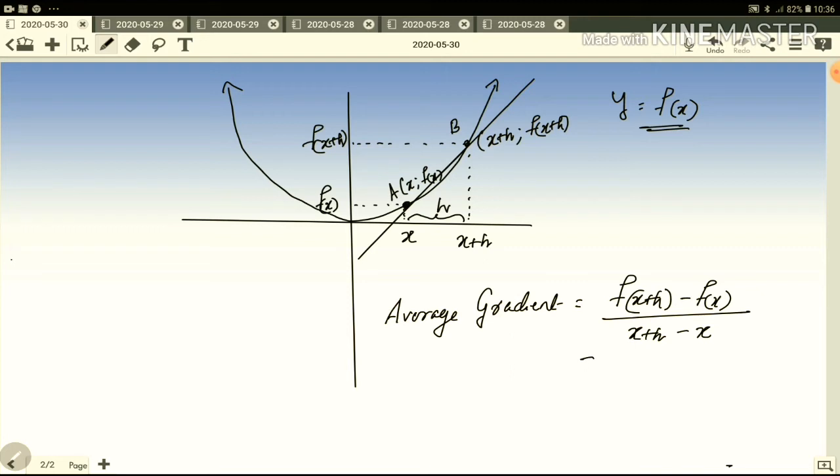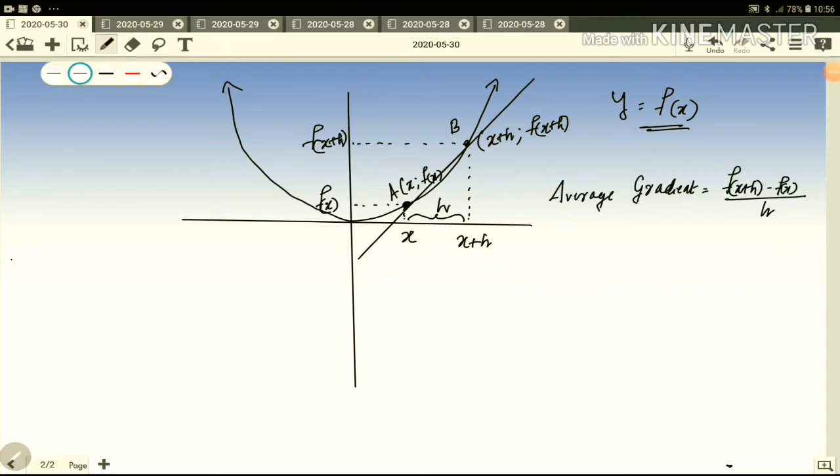See, I can simplify the denominator, x and x is gone, so minus x cancel, so you will get h, only h. So we got it, average gradient. I think you know that how do we find average gradient, and I got it, that is f of x plus h minus f of x divided by h.